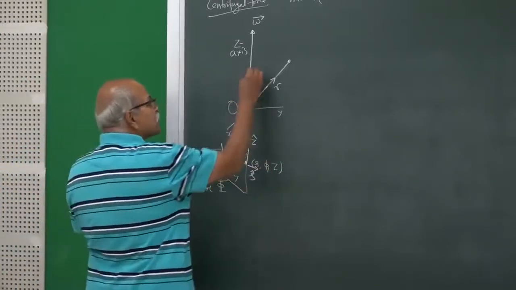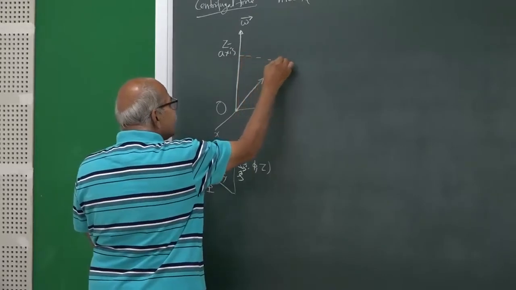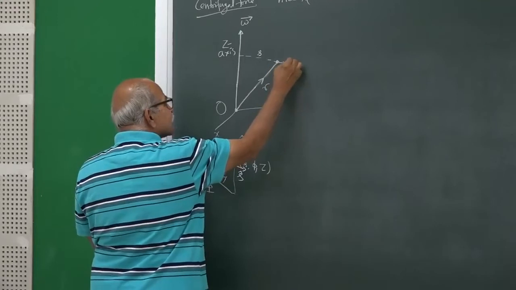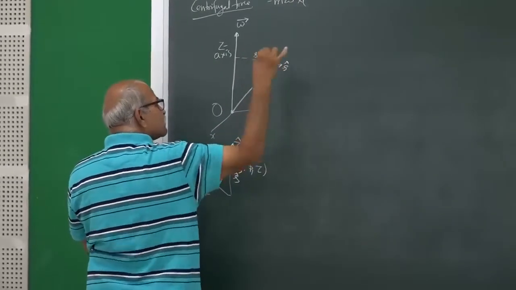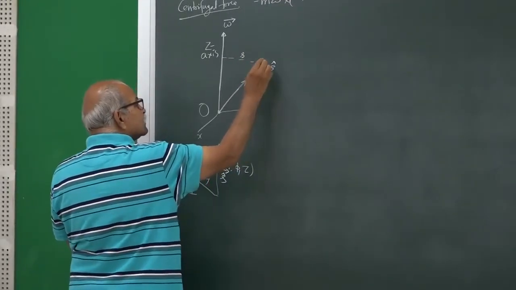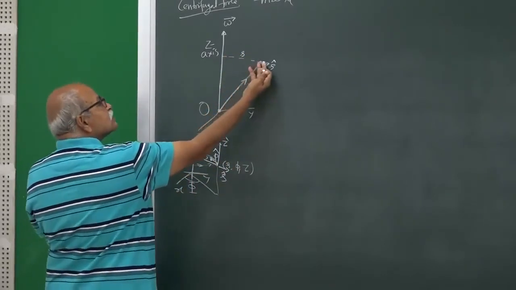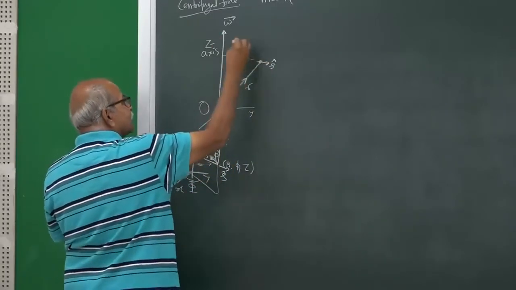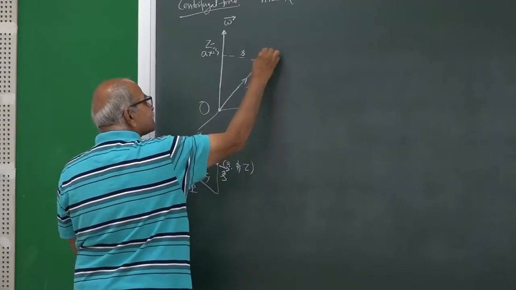So, if I draw a perpendicular on this, and this perpendicular length here is s, and this vector is s cap, phi vector will be going into the board, perpendicular to the board, going inside, and then we have okay, not going inside because I am taking this point not in the plane, but then you draw the circle, and of course, this z cap is in this direction.